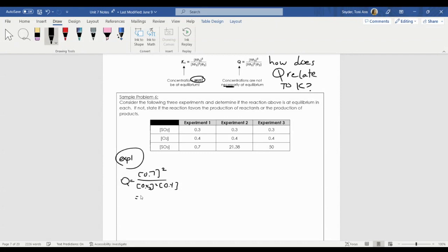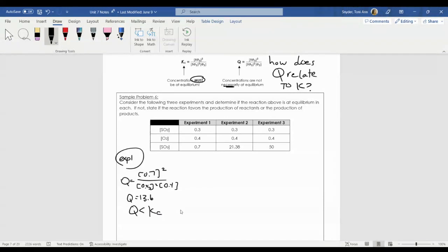And when I do that, I get a value of 13.6 for Q. Notice how Q is much smaller than K. In this particular experiment, Q is not at the value of K just yet. So Q is much less than Kc.